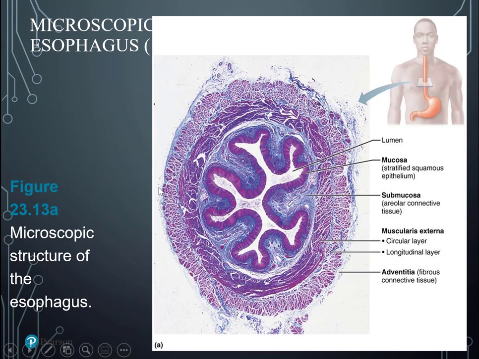So this is now a cross section of the esophagus, and you can see here the mucosa. This is actually a scanning view. You will have to look at it under high power magnification to see that it's actually made up of stratified squamous epithelium.